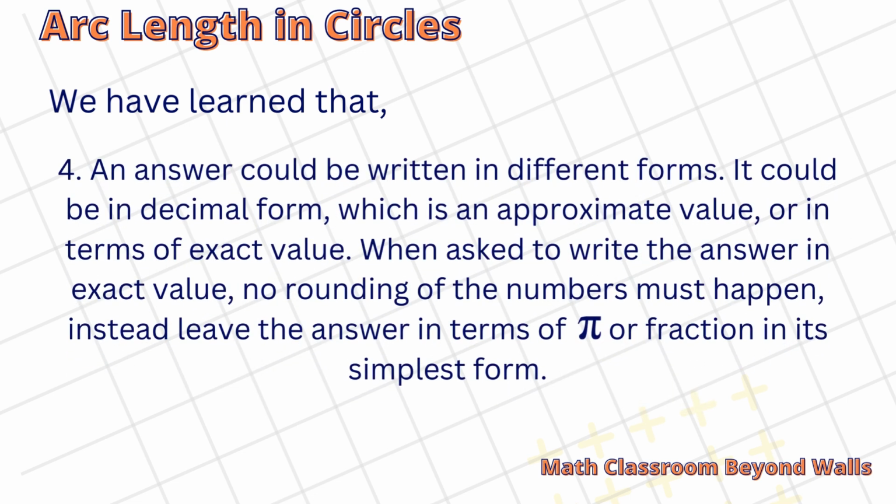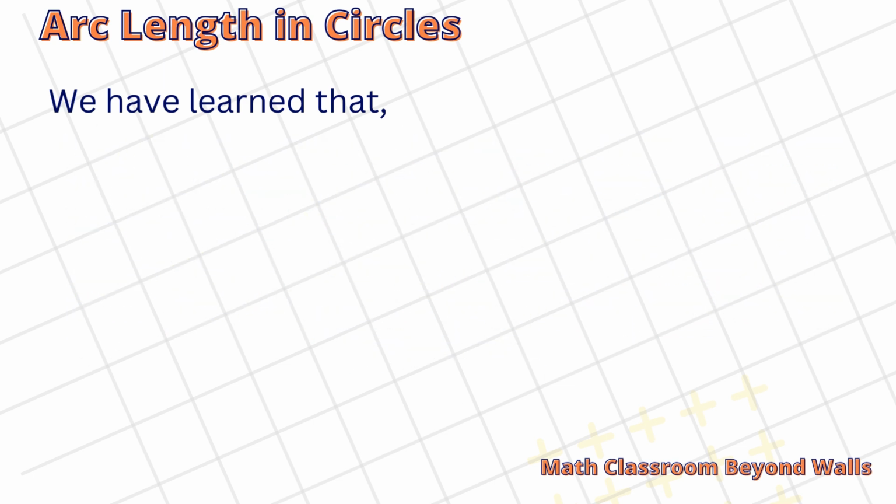Fourth, an answer could be written in different forms. It could be in decimal form, which is an approximate value, or in terms of exact value. When asked to write the answer in exact value, no rounding of the numbers must happen. Instead, leave the answer in terms of pi or fraction in its simplest form.